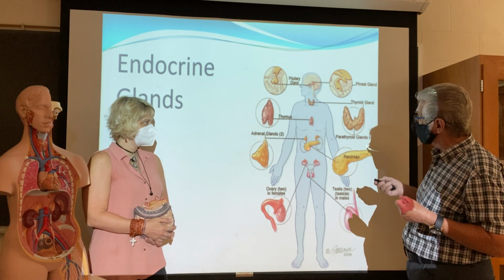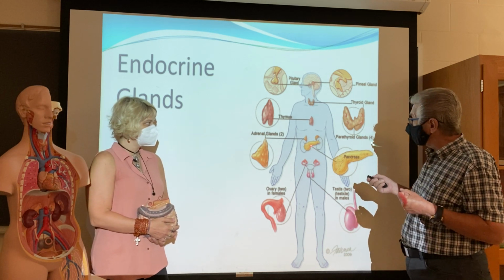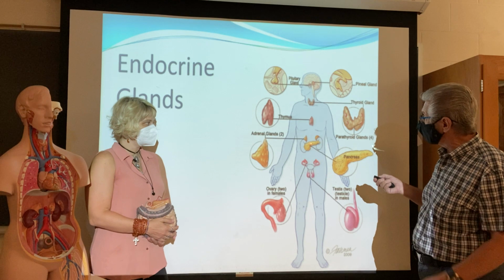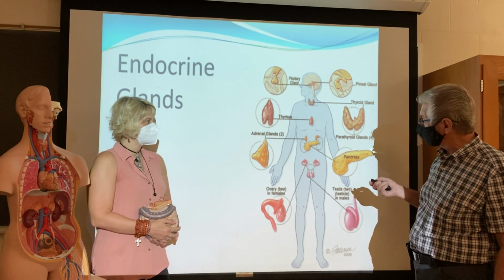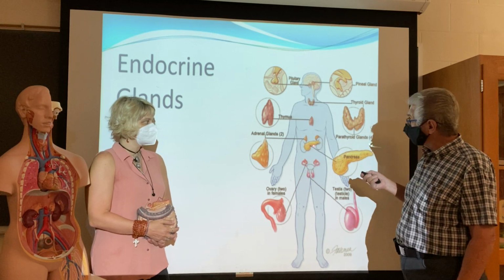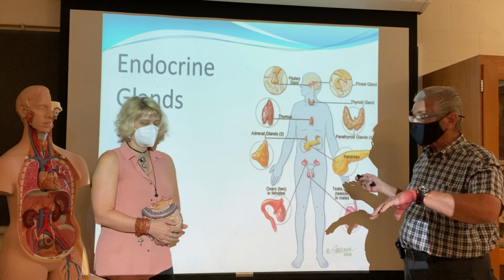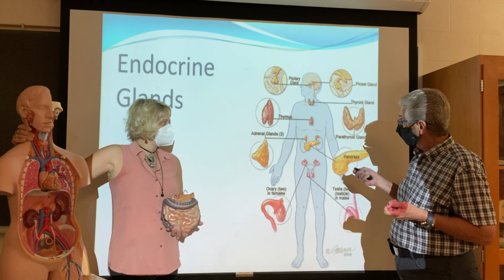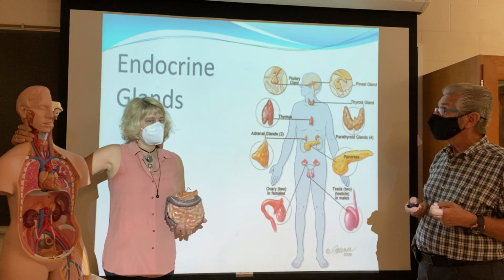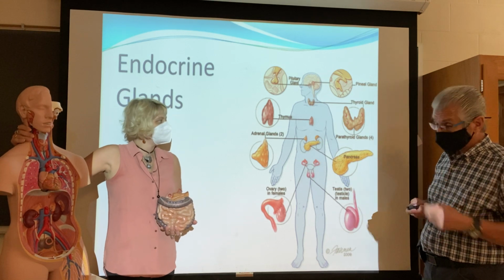This is a dual gland. This gland produces insulin and glucagon endocrinologically. Insulin, of course, lowers blood sugar. Glucagon raises blood sugar. It also releases, to a lesser extent, somatostatin.